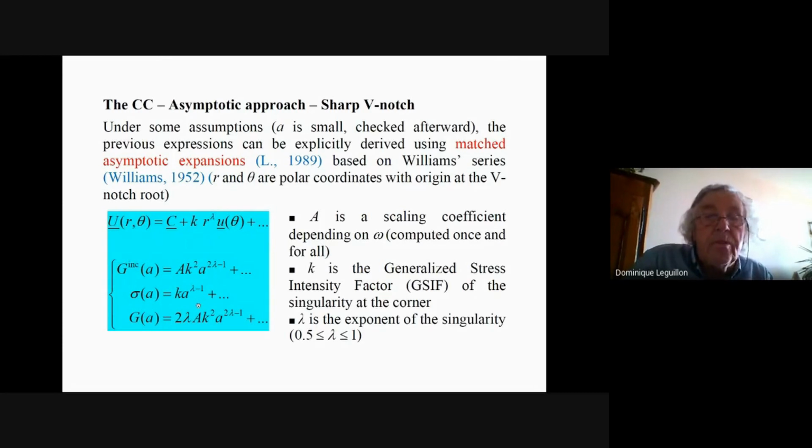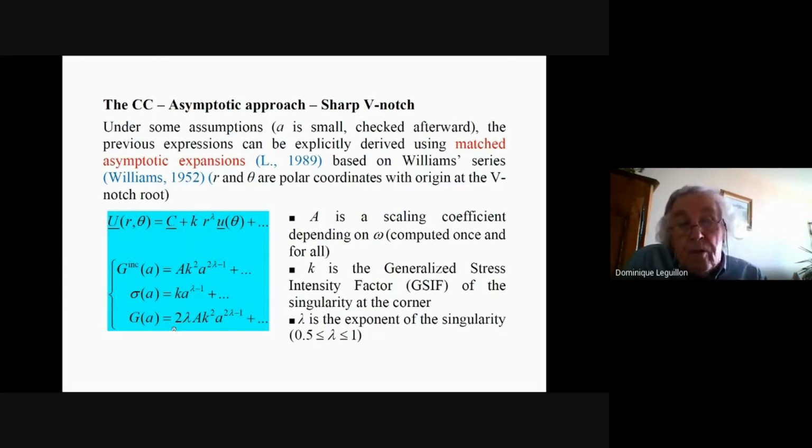This is the incremental. If you apply Hooke's law, the constitutive equation for an elastic material, to this displacement field, you get the stress field, A to the power lambda minus 1. And if you need to go further, you can also calculate the Griffith energy release rate at the tip of a crack with length A, and you get this relationship, okay?